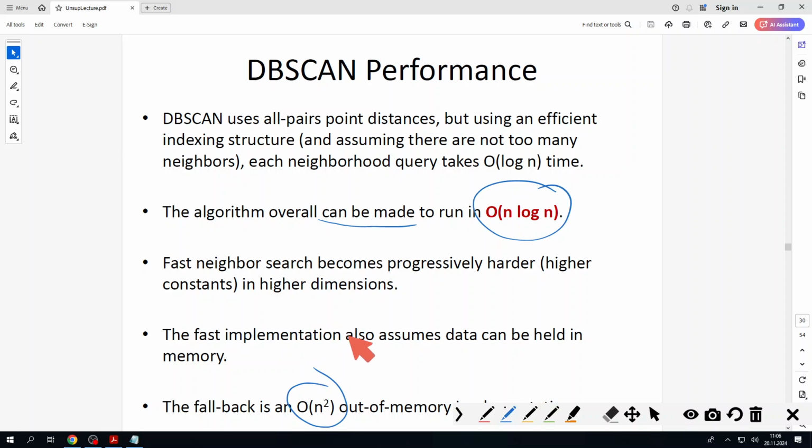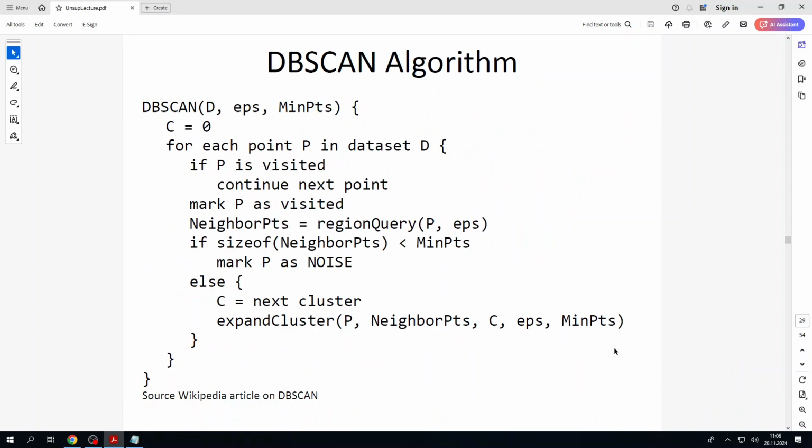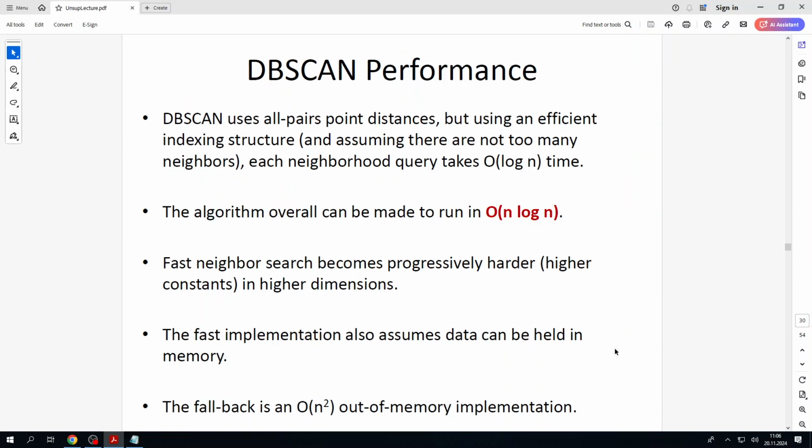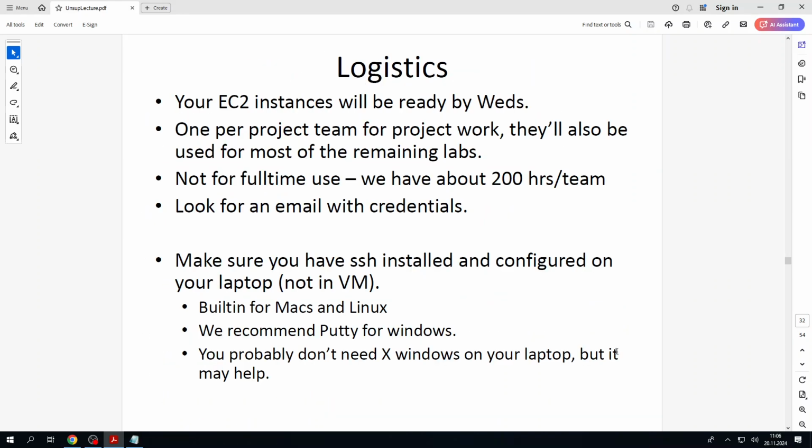And the more data and data dimensions you have, the more difficult it becomes, because what we consider here is n, what exactly was n? The number of points, I suppose, but if you have more dimensions, then this gets more difficult, or n is the number of dimensions, not really exactly sure.